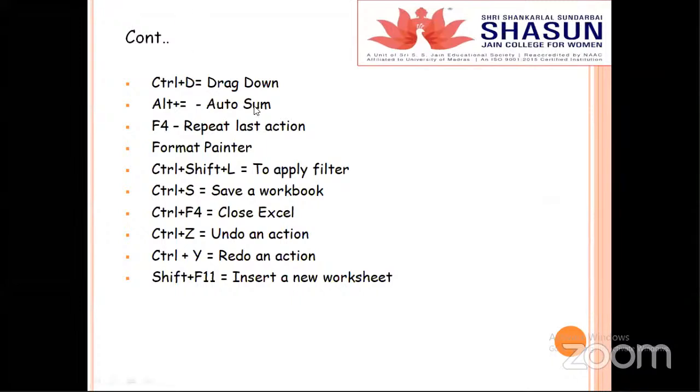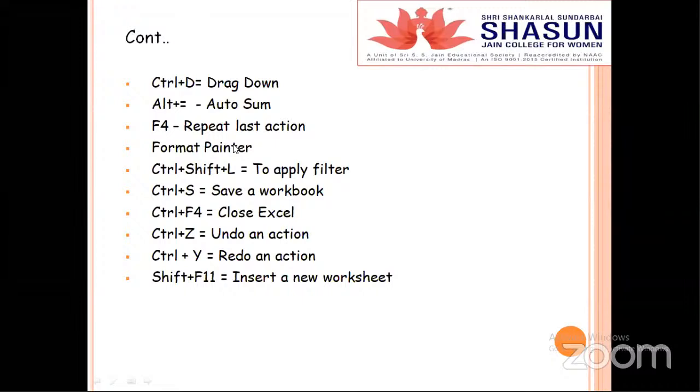To select the AutoSum option, we can use the shortcut key Alt plus equal to. So we can get the AutoSum option by using this shortcut key rather than going to the Home tab and selecting the AutoSum option. F4 to repeat the last action.